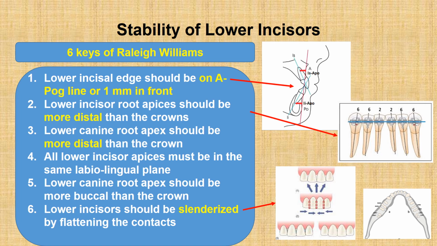Okay, and similarly, the lower canine root apex should also be more distal compared to the crown. And all the lower incisor apices must be in the same labiolingual plane. Now, the lower canine root apex should be more buccal than the crown, and the lower incisors should be slenderized by flattening the contacts.